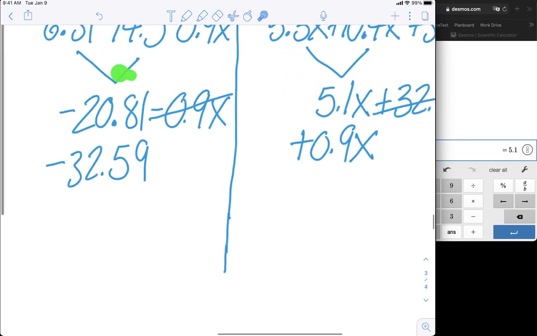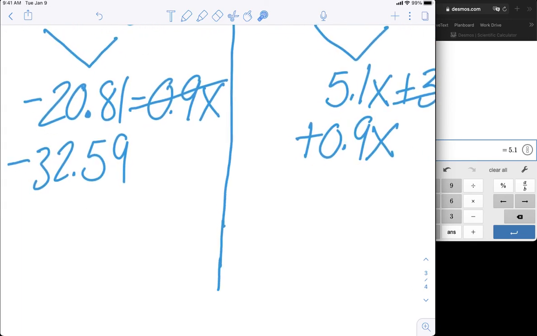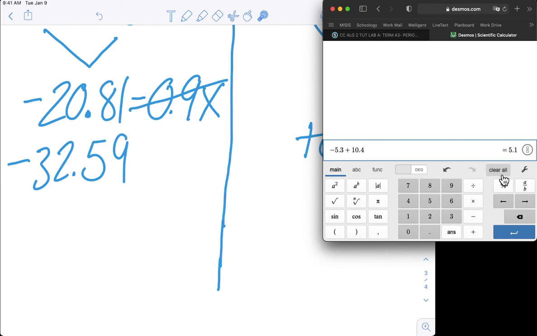So let me do this side first. Negative 20.81 minus 32.59. Let's use our tool. Negative 20.8... nope, not 81. Let's start over.